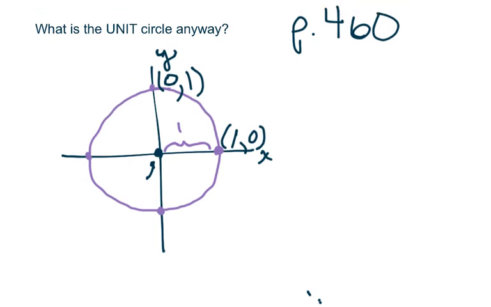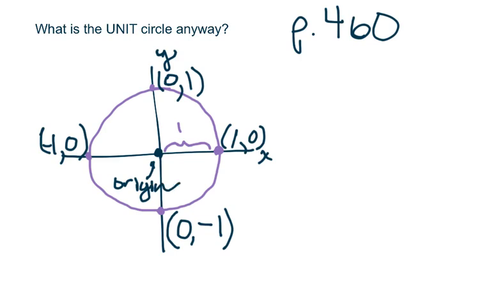This point over here is going to be -1, 0. And finally down here, it's going to be 0, -1. And that's basically what the unit circle is. Then we're going to talk about how to find angles on this unit circle, but that's the basics of it.